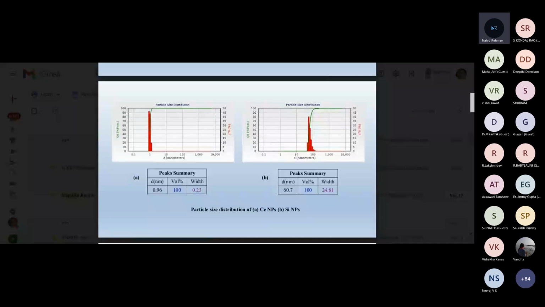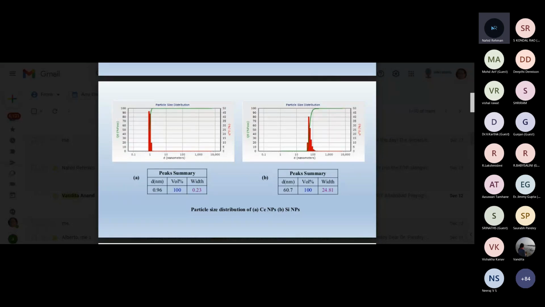So your particle needs to be first ground properly, and then a specific percentage of that you take, and then you sonicate it. After the sonication you use the machine which is called particle size analyzer, where a specific laser is impinged over the nano suspended particles in the solution, and that scattering angle gives you the overall particle size distribution.